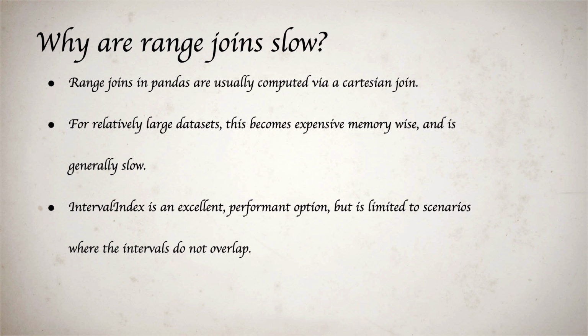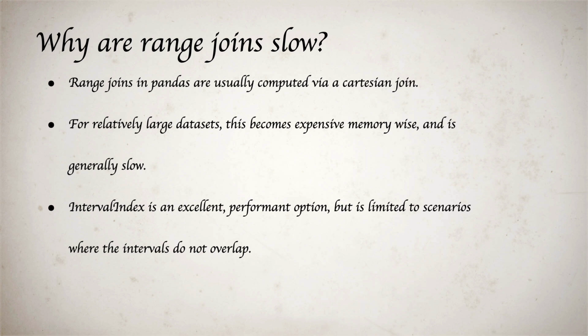In pandas, range joins are usually computed as a Cartesian join. So you compare each row from the left with each row from the right. And that becomes quite expensive memory-wise and performance-wise as the size of your data set increases. Yes, pandas has an interval index option, which is very performant, but is limited to scenarios where your intervals do not overlap.